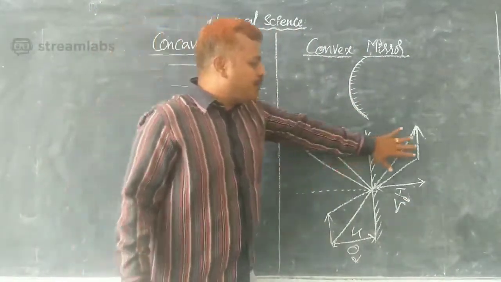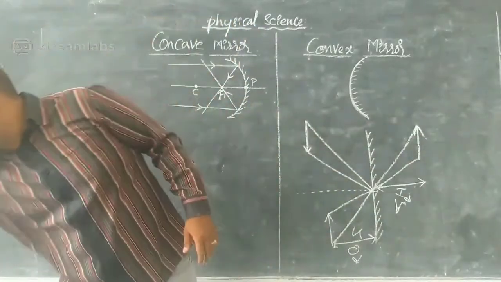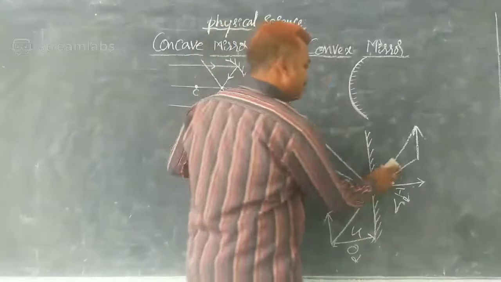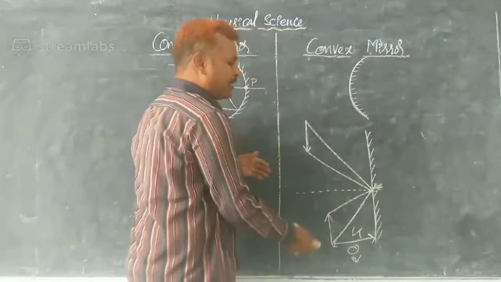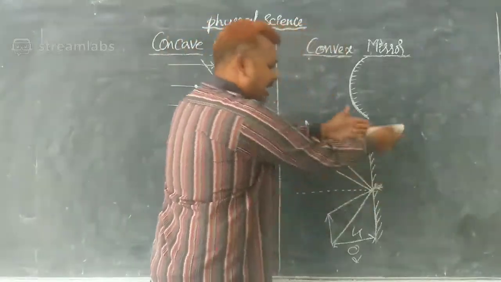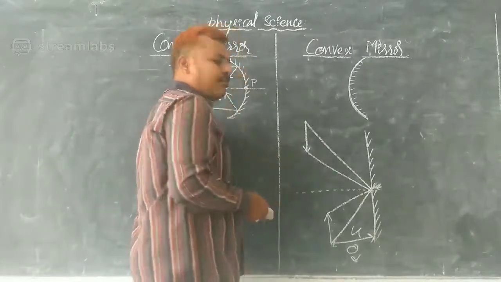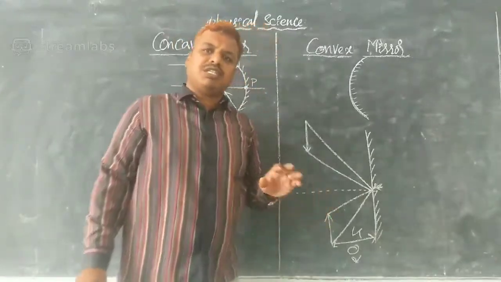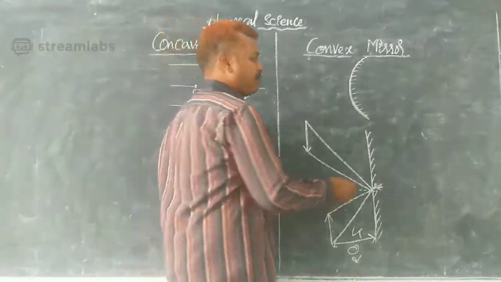Now, if you want to show this exactly, behind the mirror we don't see, that is why we see this object here, on the other side. If you want to represent it like this, it is correct, or else you can represent it the other way also. There is no doubt about it. Whenever you see, the object is reversed.